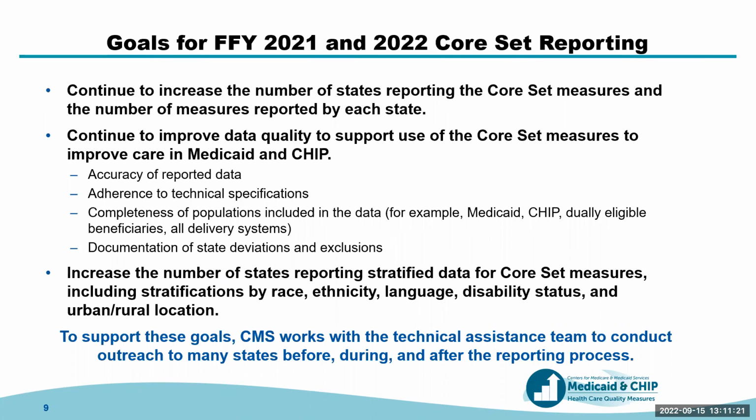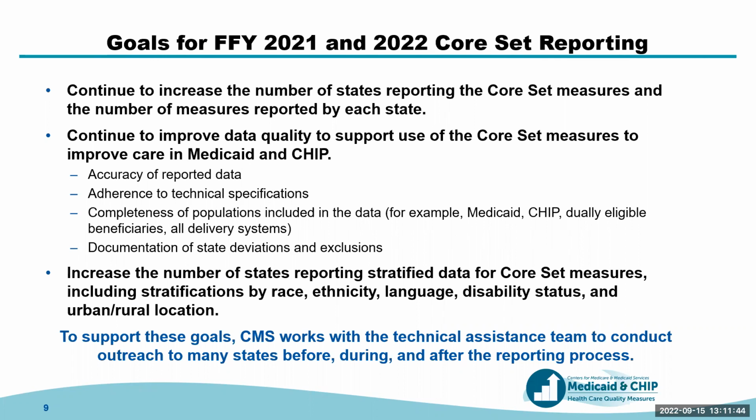CMS has established several goals for FFY 2021 and FFY 2022 core sets reporting. The first goal is to continue to increase the number of states reporting the core set measures and the number of measures reported by each state. CMS also wants to continue to improve data quality to support the use of core set measures and improving care in Medicaid and CHIP.